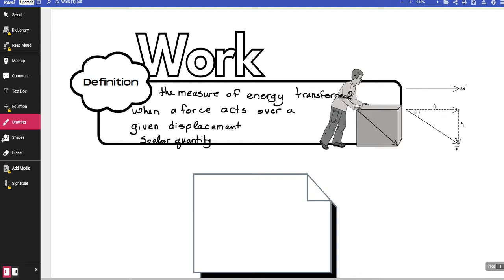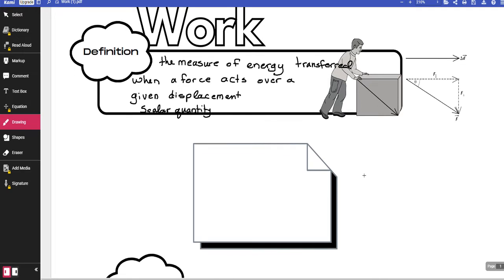And speaking of which, we are going to have a formula. Our new formula is work is equal to the force multiplied by the displacement, so the change in distance. Just thinking about that, let's write this here.